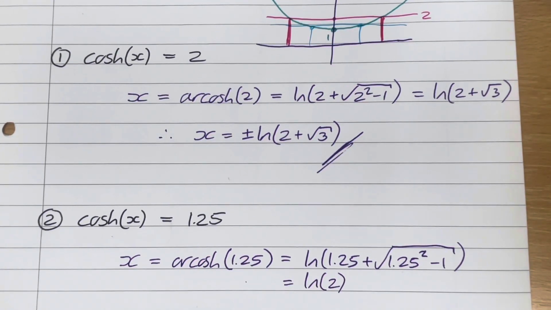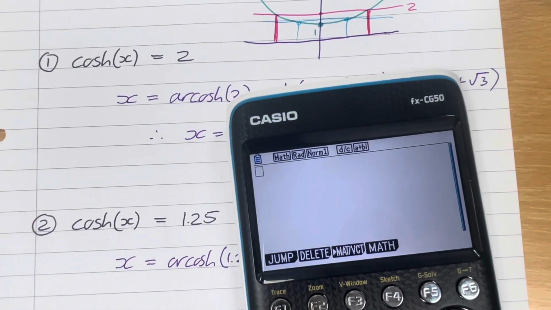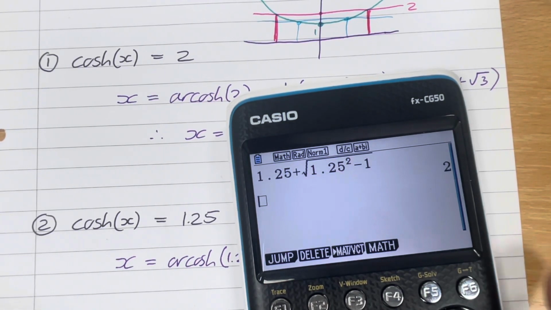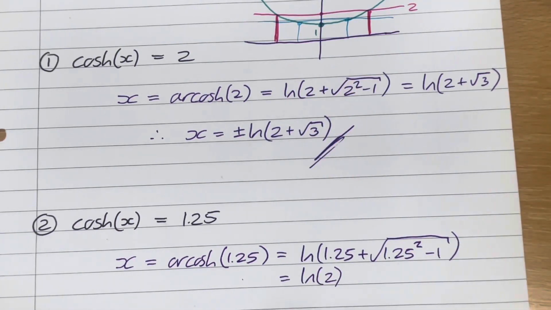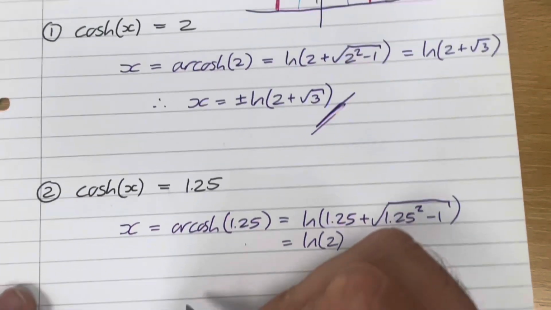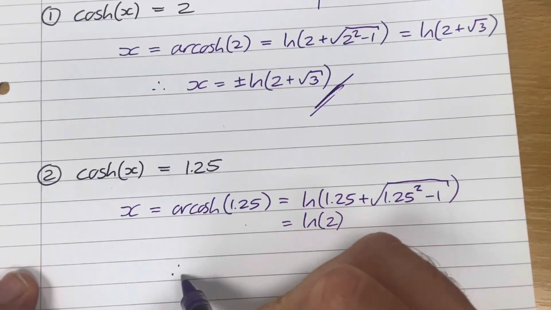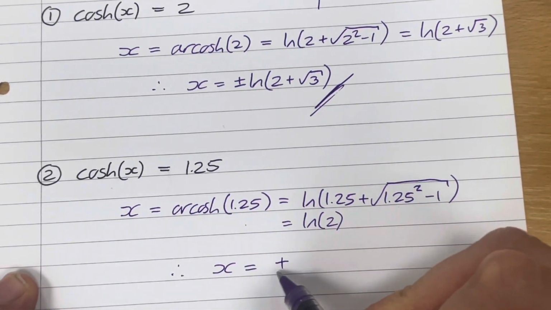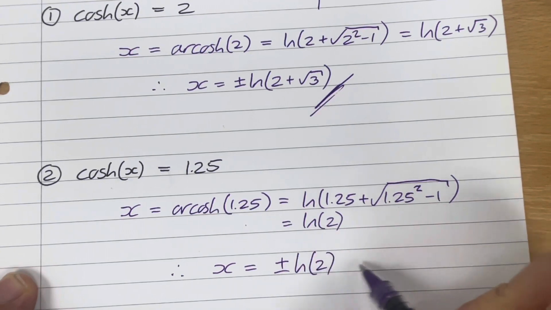And of course you can run that through the calculator. 1.25 plus the square root of 1.25 squared minus 1. There we go, 2. So the natural log of 2, that is obviously just the positive root here. We've got a negative root as well. So the solutions to the equation are x equals plus or minus the natural log of 2.